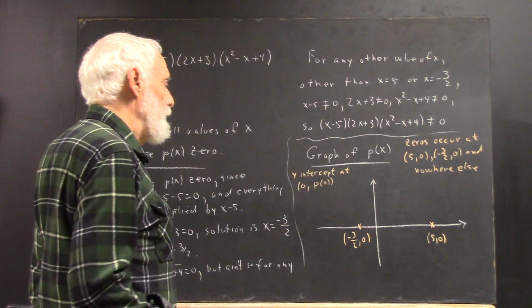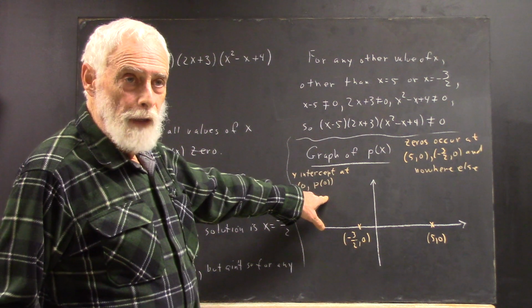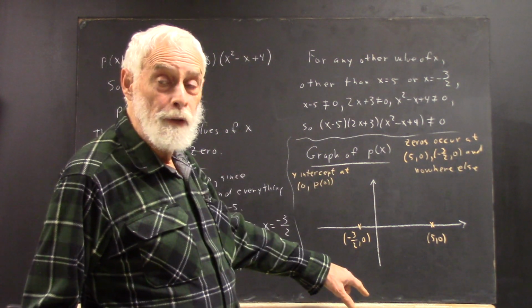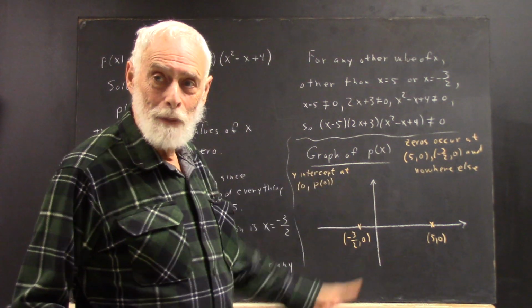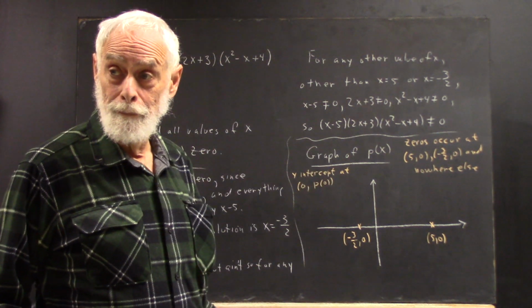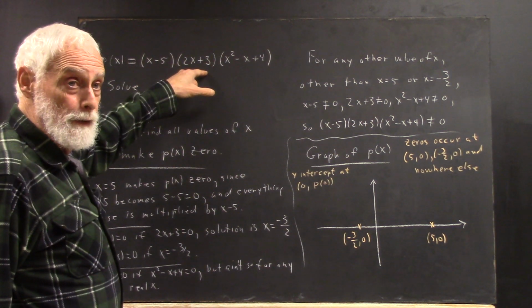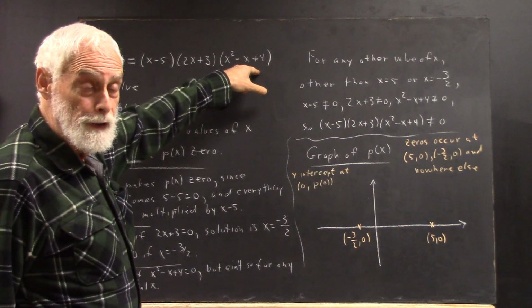I'm going to say the y-intercept occurs at the point 0, p of 0. That's just a fancy way of saying if you plug in 0, you're going to get the value of p. It's going to be at the point 0, whatever you get, right? So plug in 0, and it's easy. -5 times 3 is -15, and -15 times 4 is -60.